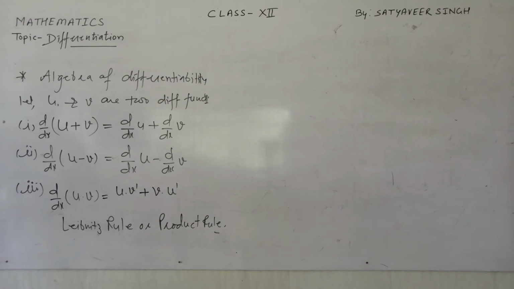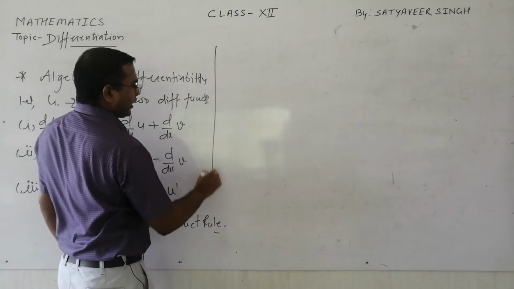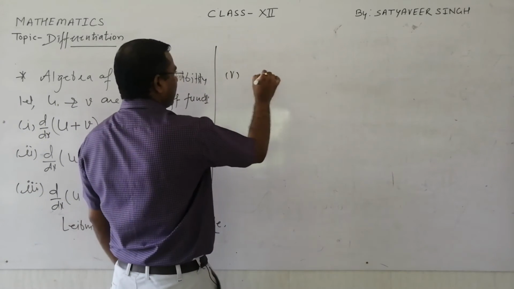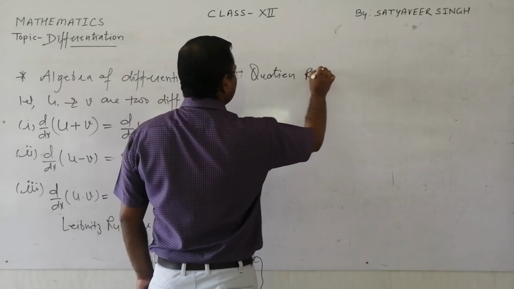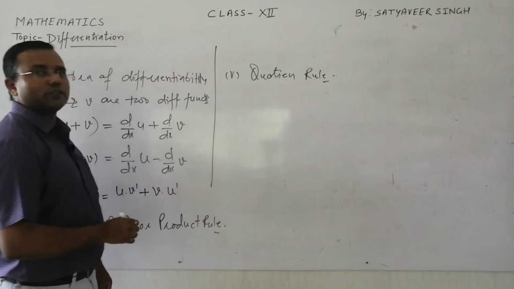You have done many questions based on this, and there is one more important rule that we can discuss here, that is called the quotient rule. How can we forget the quotient rule?